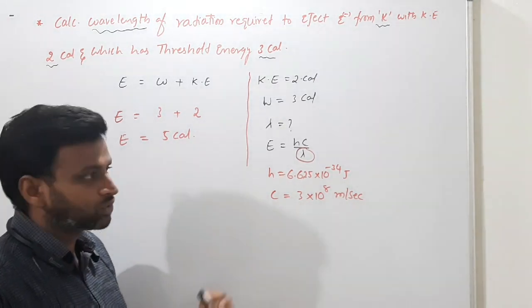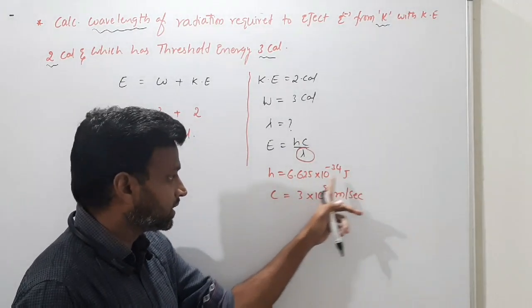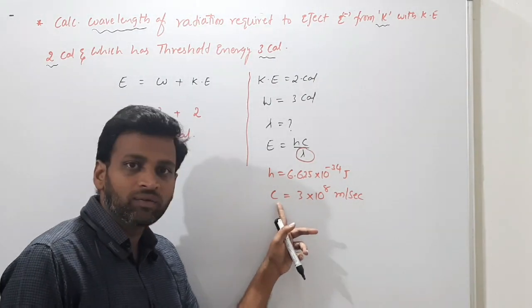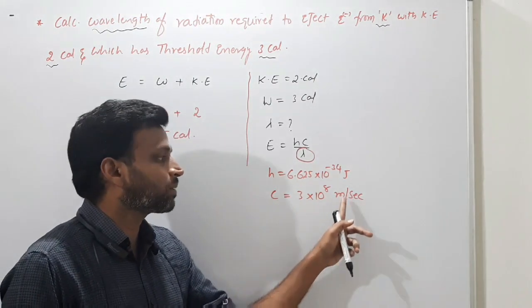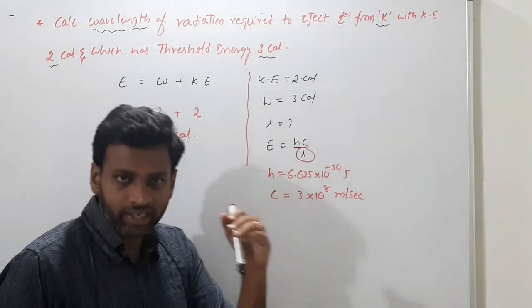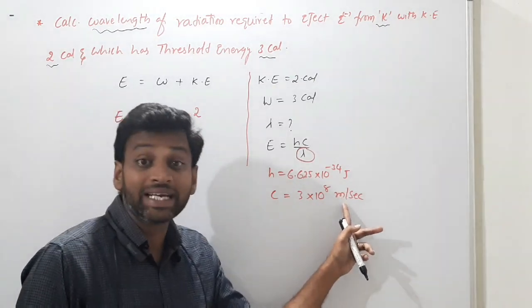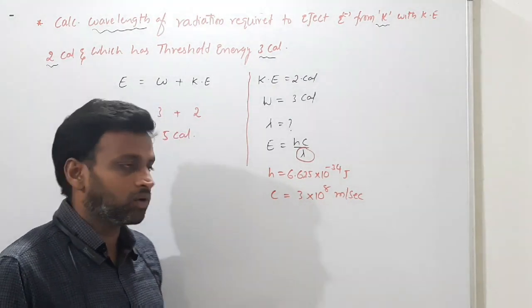Here the h value is in joules, SI unit, so the speed of light c should be in meter per second. If you take the h value in ergs, then the c value should be in centimeters per second. Be careful about all those things.